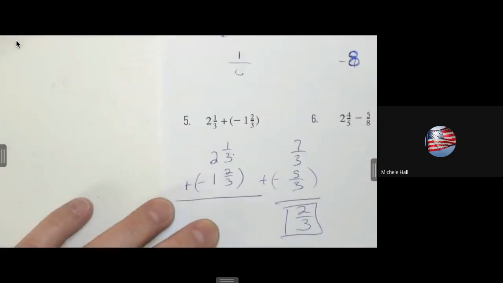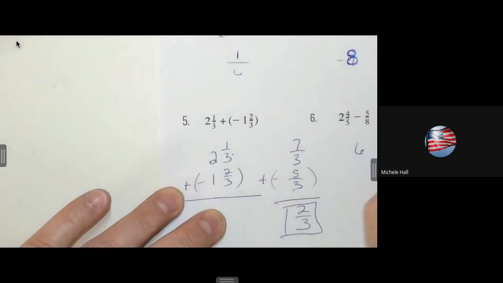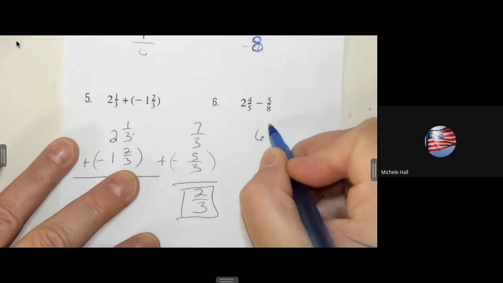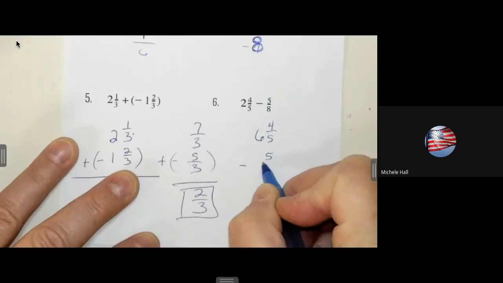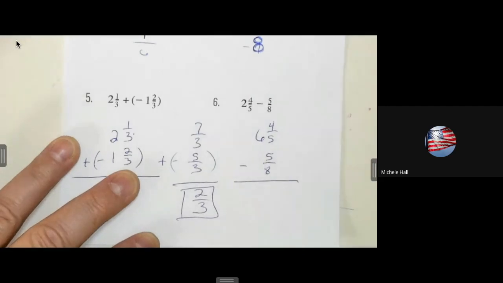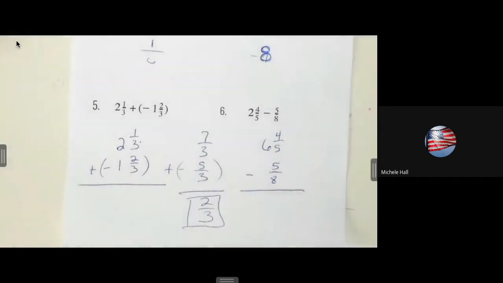Okay, one more. 6 and 4/5 subtracting 5/8. Keep it in the fraction column, even though there's not a whole number there. Find your common denominator. 2 and 4/5.